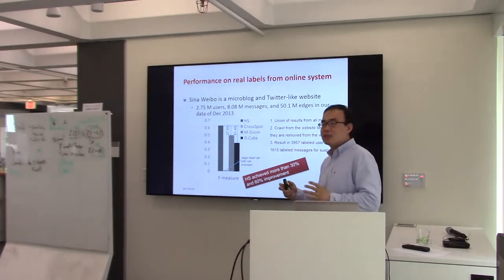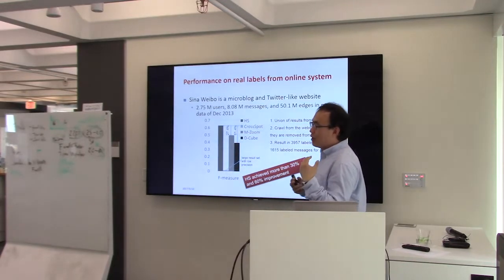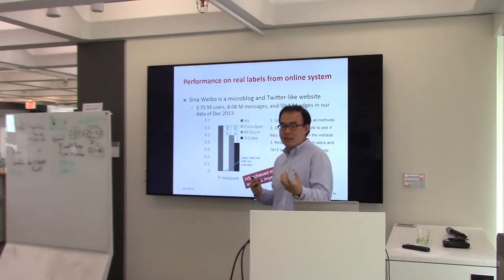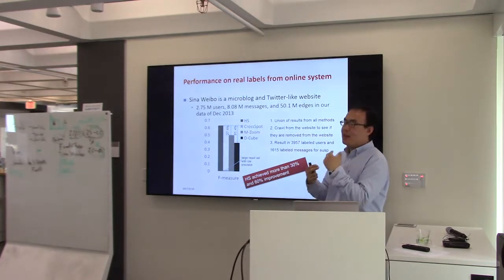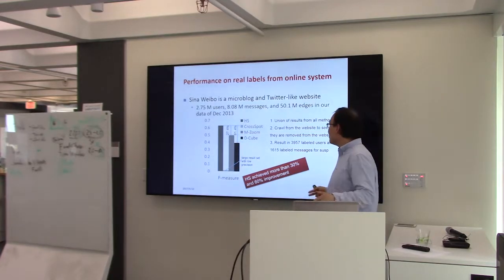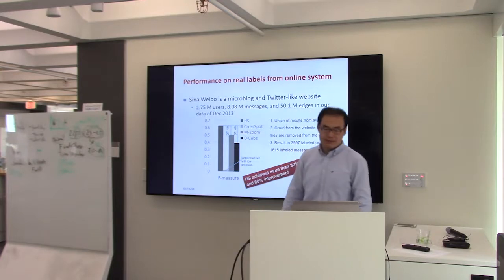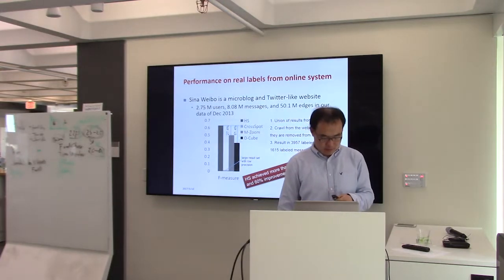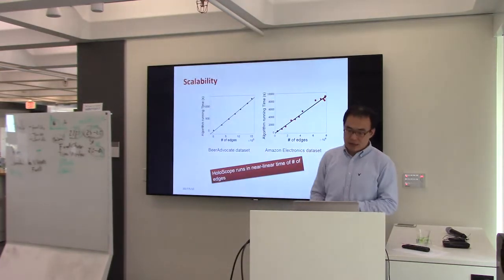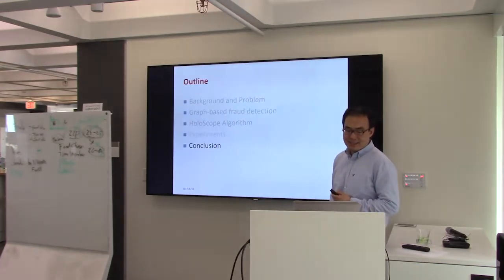Those are labeled as suspicious users, because Sina Weibo, the microblog website, has its own manual detection of fraudsters. They remove those users, and we use that as the label. So we give that accuracy. And our algorithm also has linear scalability in the number of edges.